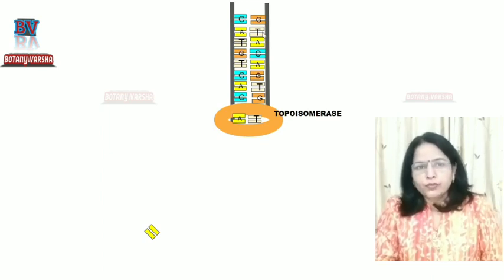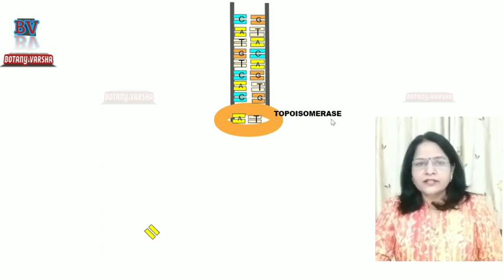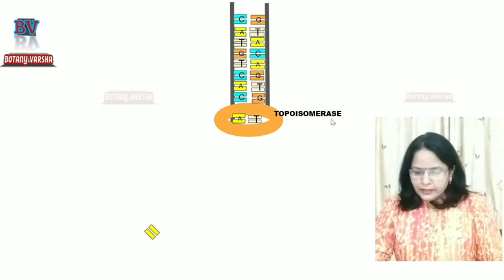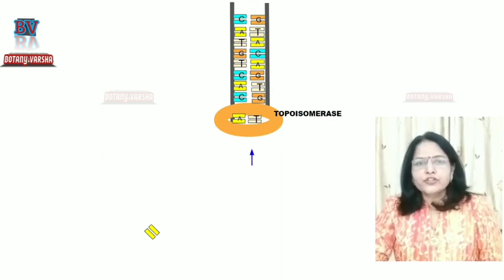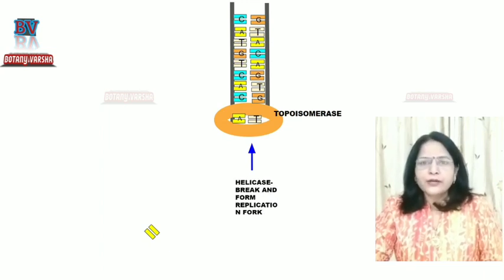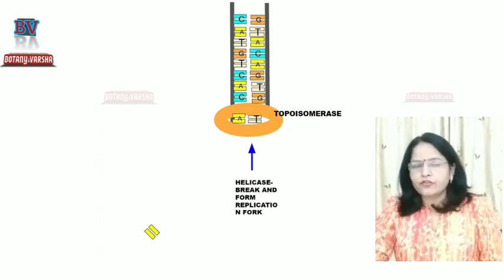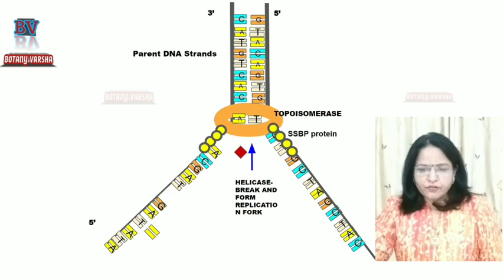Now the topoisomerase enzyme releases the stress from the parent DNA, and both the strands get separated, and now helicase breaks the hydrogen bonds between the nitrogenous bases, and both the strands get separated from each other.